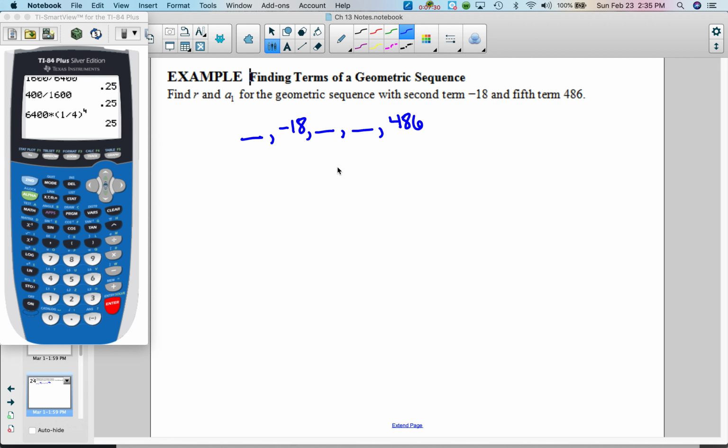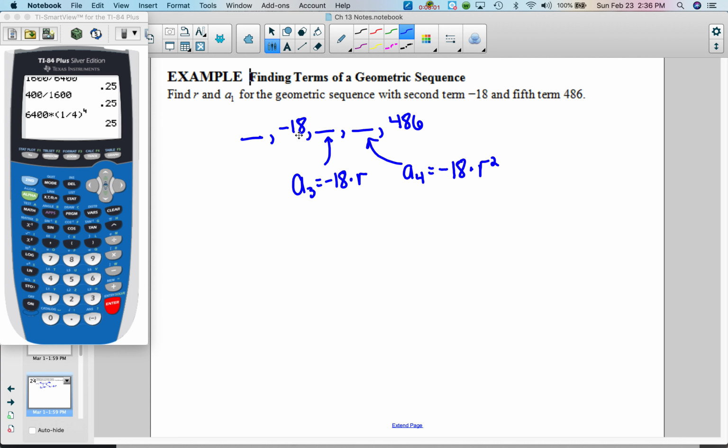I know that if I multiply -18 by r, I'm going to get this value right here, which is a sub 3. So a sub 3 is going to be -18 times r. Then this one right here, which I can think of as a sub 4, is going to be -18 times r squared.